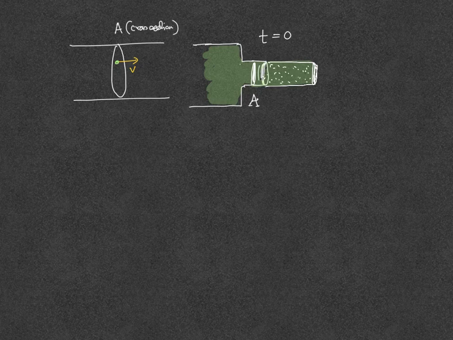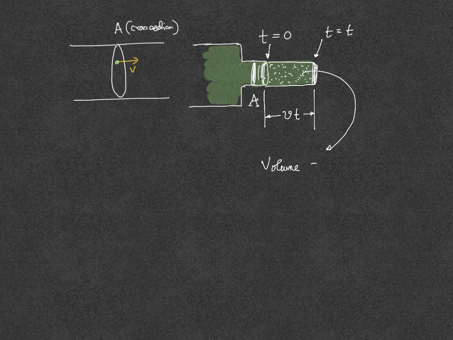So this was at time t equal to 0. Now this is at time t equal to t, right? So the paste moves a distance v into t. So how much volume flows in this dotted portion?